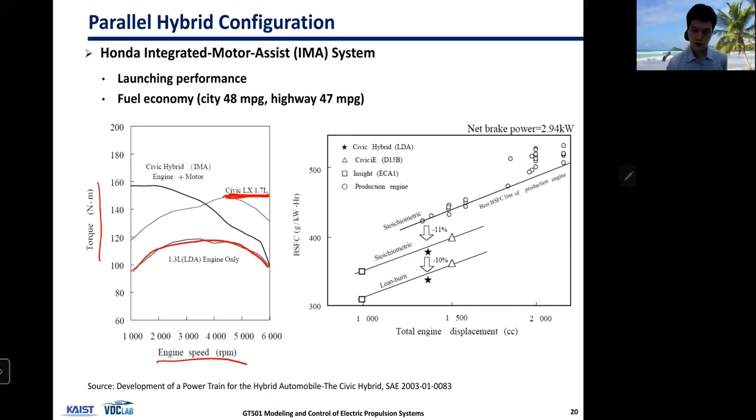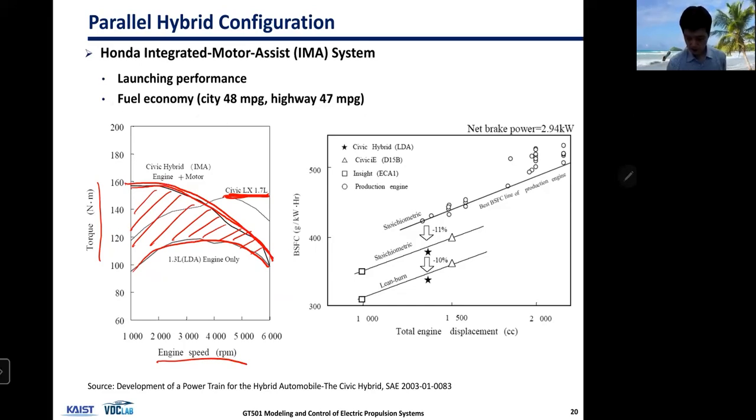Usually a smaller engine is more efficient, but you have less torque and less power, so you need to make that up using your motor and battery. So this is the motor traction torque. Okay, so if you add them up, engine plus motor, this is what you get. Okay.